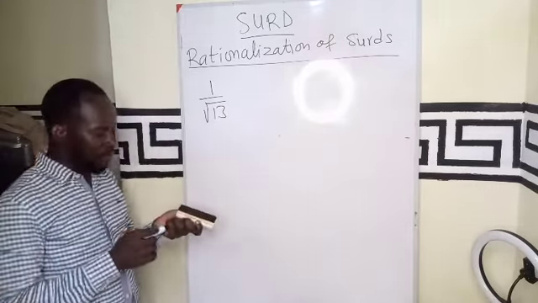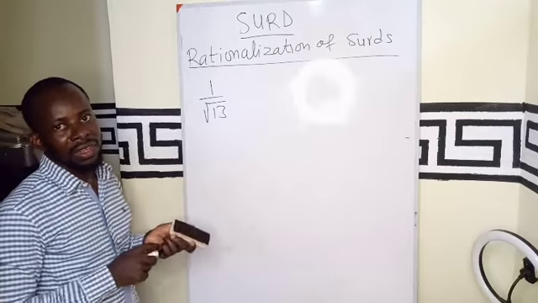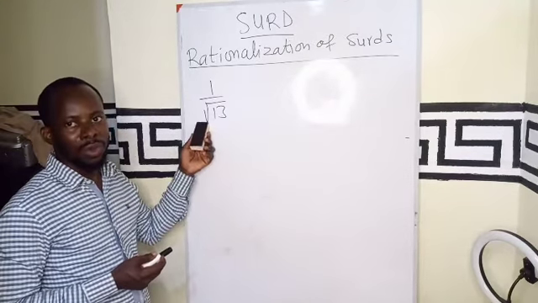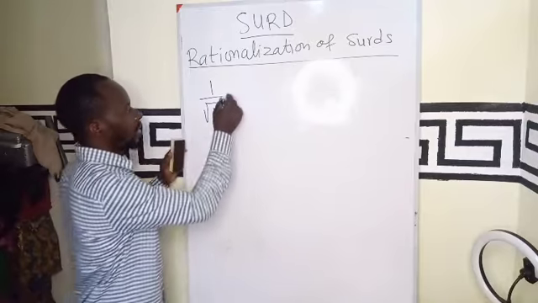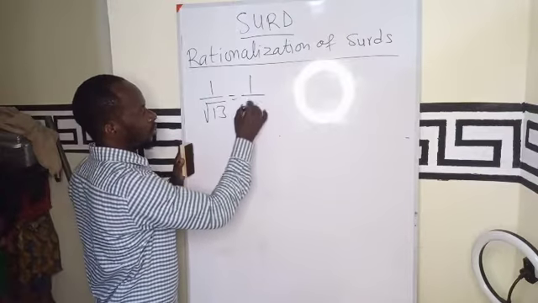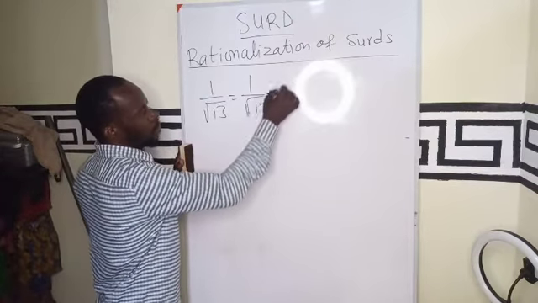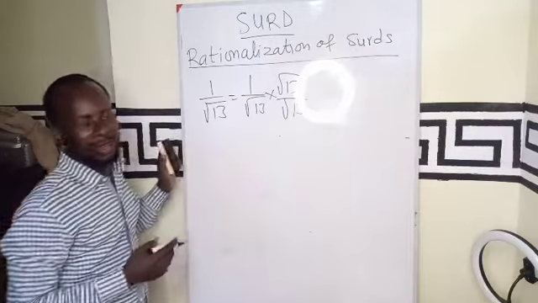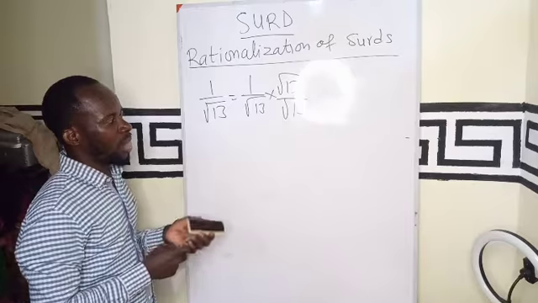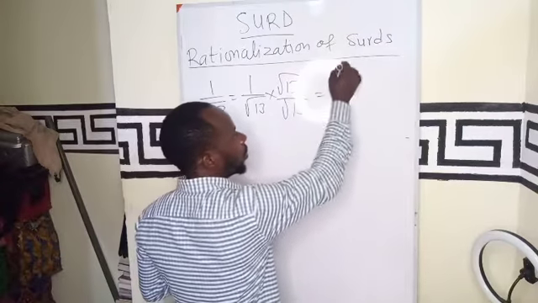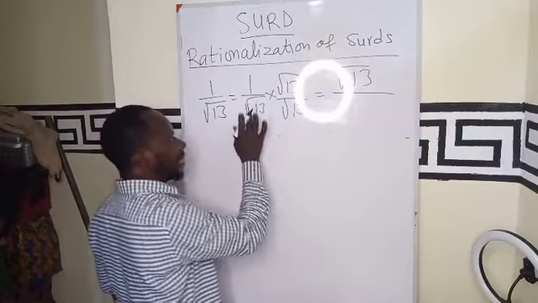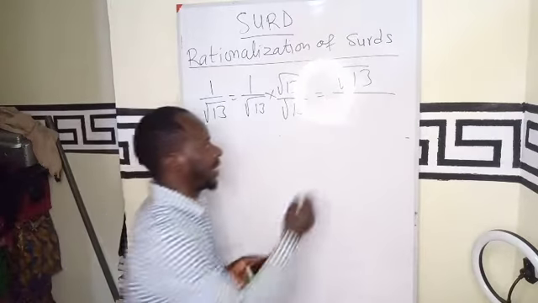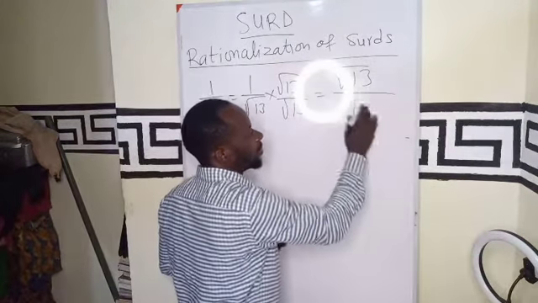If I have 1 over root 13, to rationalize, the denominator is also as we've said. So we multiply the top and the down with the same root 13. So root 13 multiplying 1 will remain root 13. Root 13 times root 13 will give us 13 as our final answer.